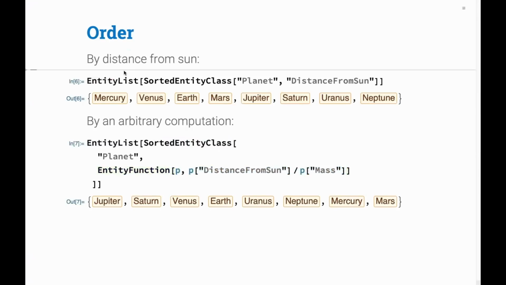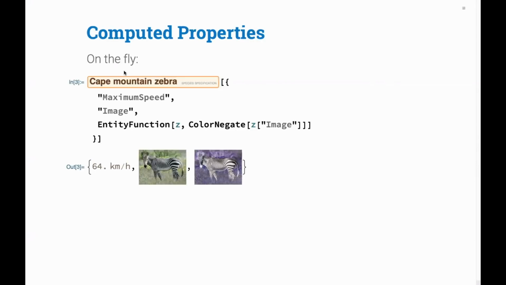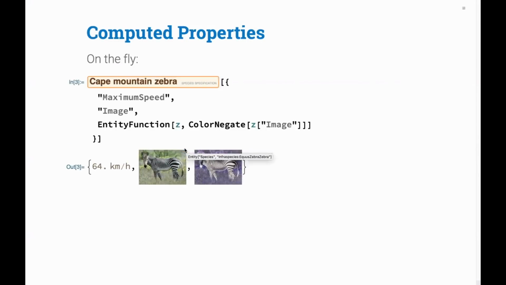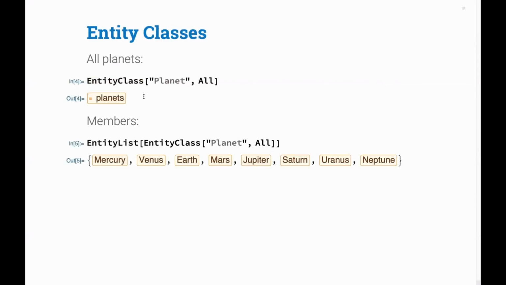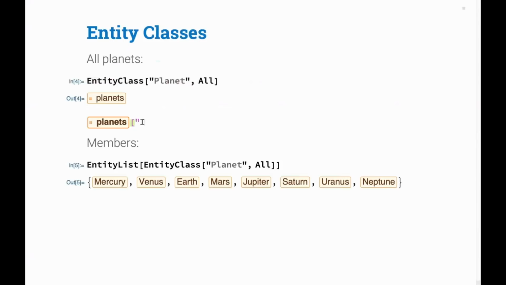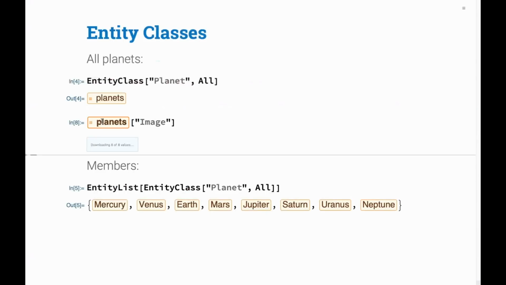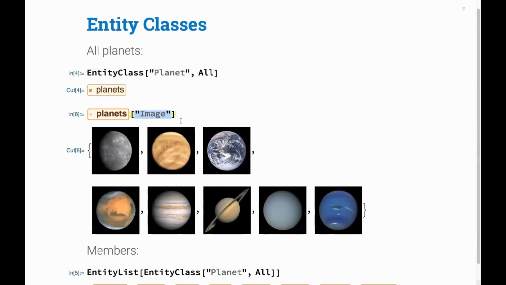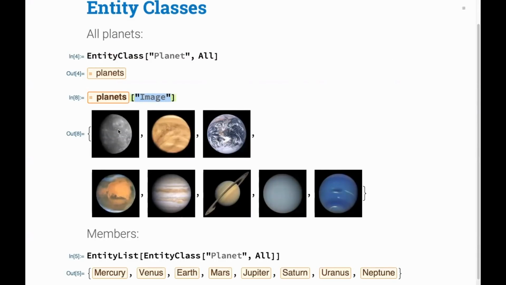Oh, by the way, here we've seen how we can extract properties for an entity. We can do the same for classes. If I say, for instance, let's try that. A class of entities can extract a property. It is interpreted as taking the property for each entity in this class. Yeah?